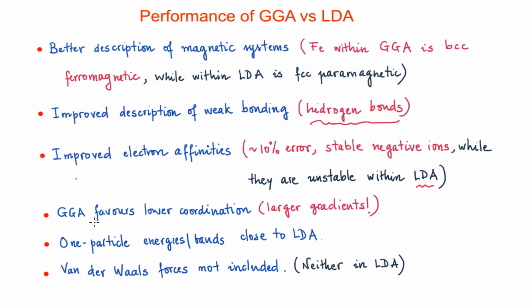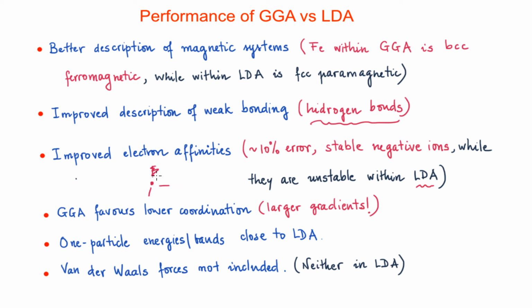However, it's also important to have in mind that the GGA favors lower coordination. Why? Because it's actually favoring the larger gradients. When some atom has a lower coordination, it has a lower number of bonds.